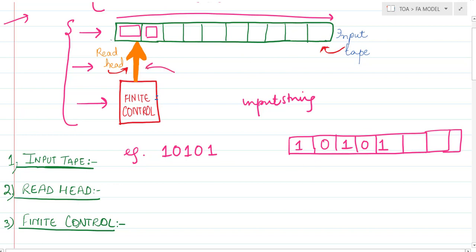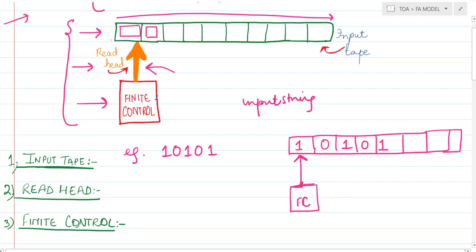Now the second one is the read head. This read head points towards the first square that is present in the input tape. What it does is that it reads a symbol from this tape, and after that processing is done by the finite control. The read head is attached to the finite control.